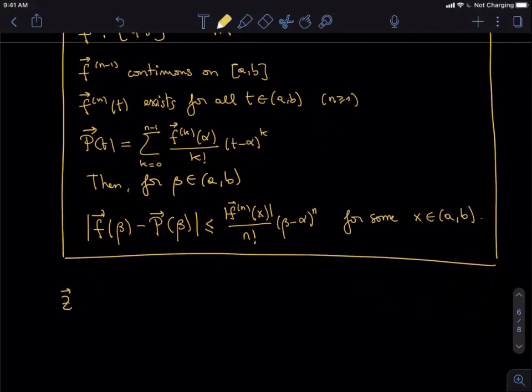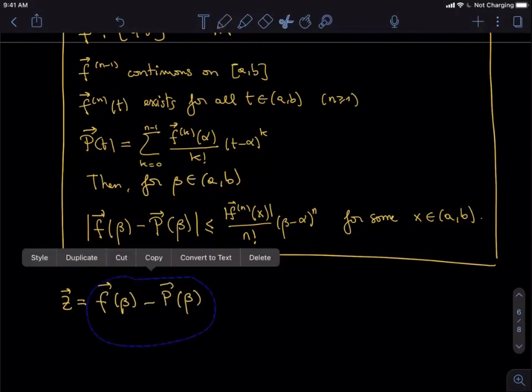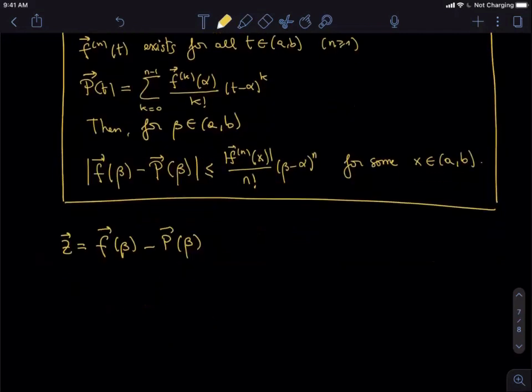Here we are going to take z. If we look here, the left-hand side gives us an idea of what we need to consider as z. So it's f of b minus p of beta. We call that z for convenience. And then we are going to define phi of t, which is a vector function.